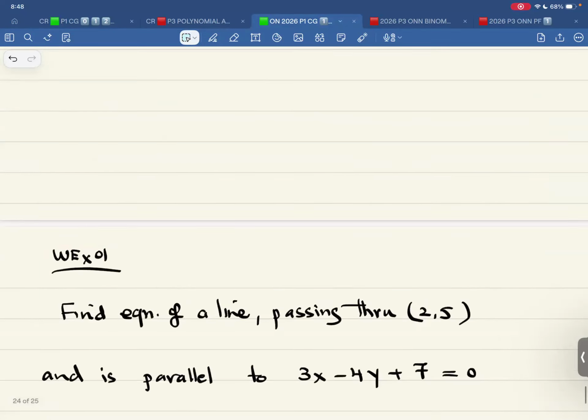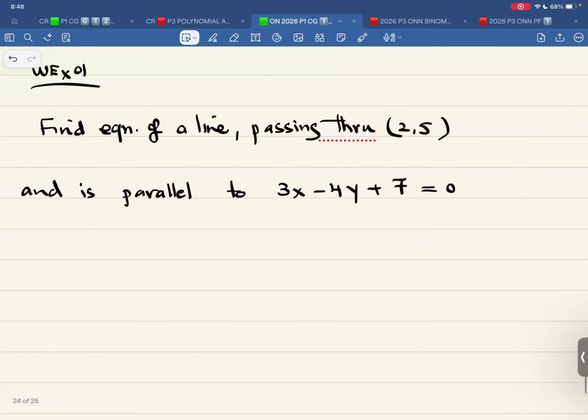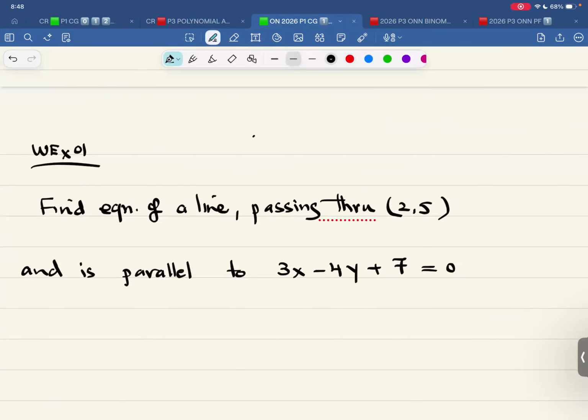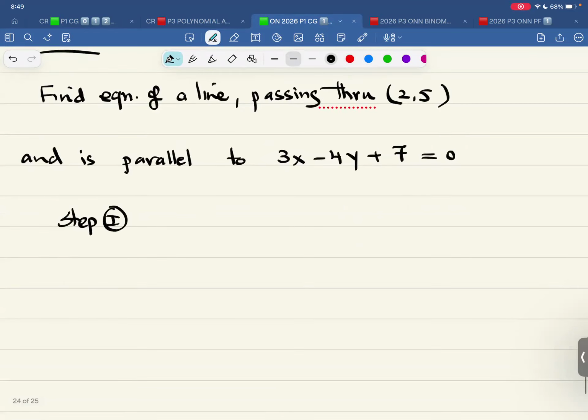Okay. So now if I apply the y is equal to mx plus c format, we will work with y is equal to mx plus c, just like O-level maths. So step number 1, write it in the proper format.